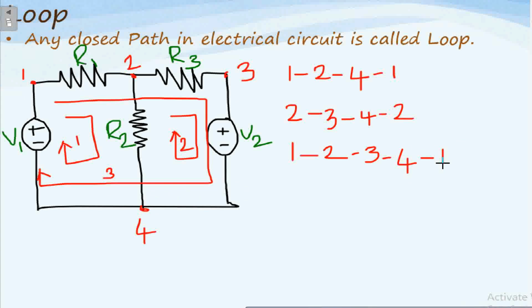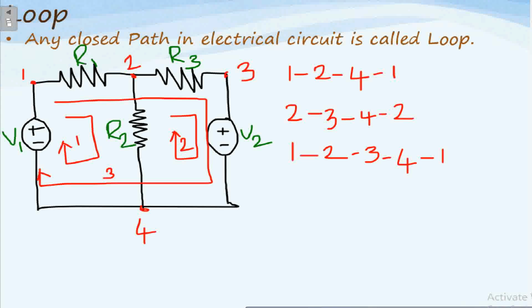So a loop is nothing but the starting and ending nodes are the same. In loop 1, the starting node is 1, ending node is 1. In loop 2, starting node is 2, ending node is 2. And in loop 3, the starting node is 1, ending node is 1. Hence this circuit includes totally 3 loops.